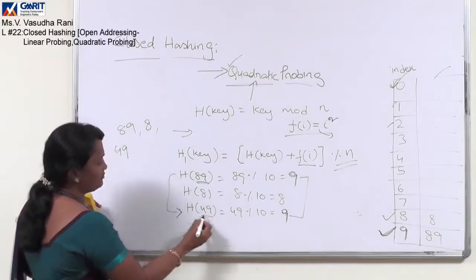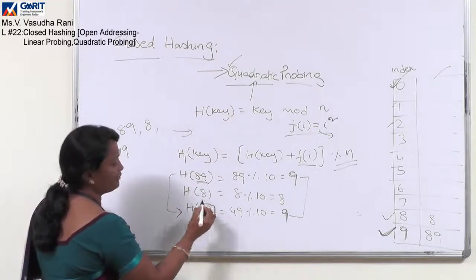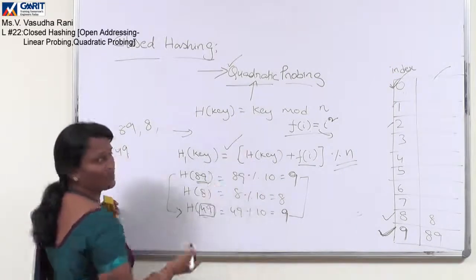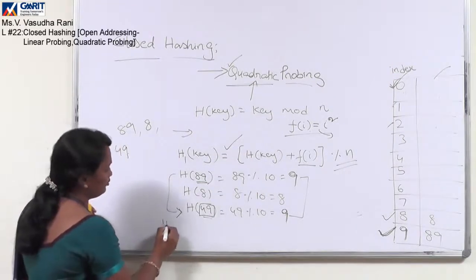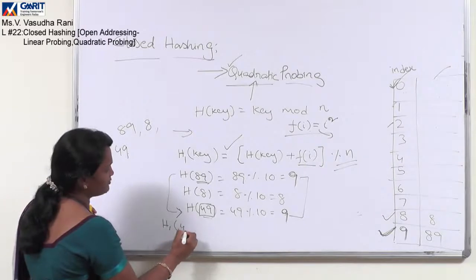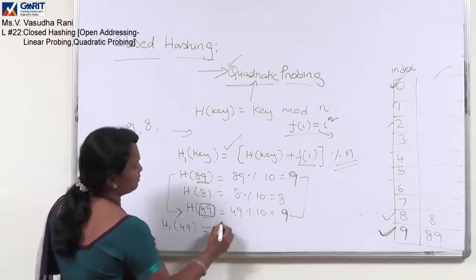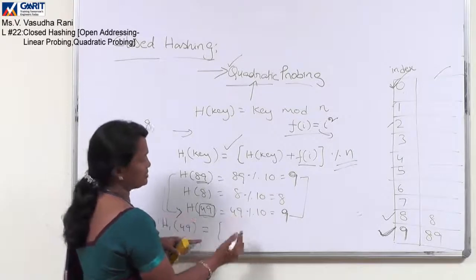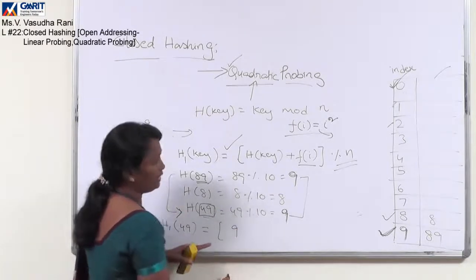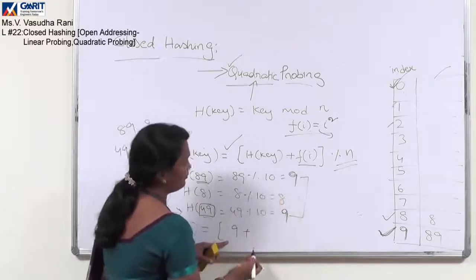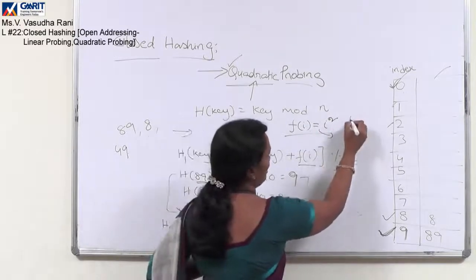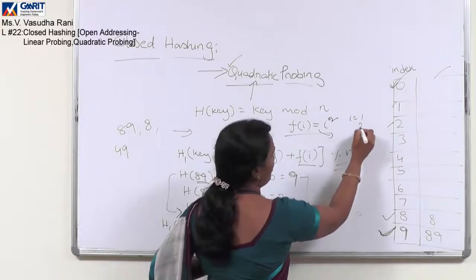When it is the situation for the second key, now we have to find out an alternate location, an alternate cell, through this particular formula. Now for h1 of this 49, h of key is giving 9 plus f of I, wherein f of I is equal to I square and I value starts from 1, 2.